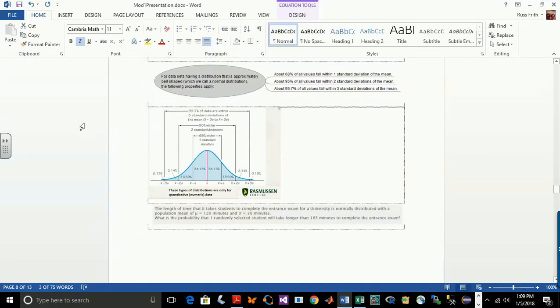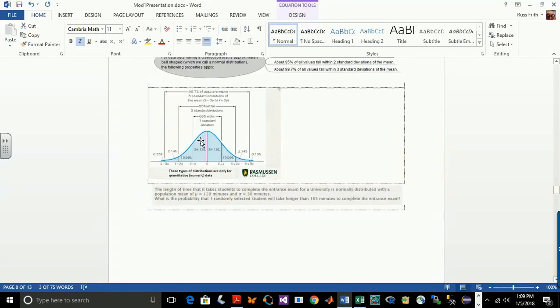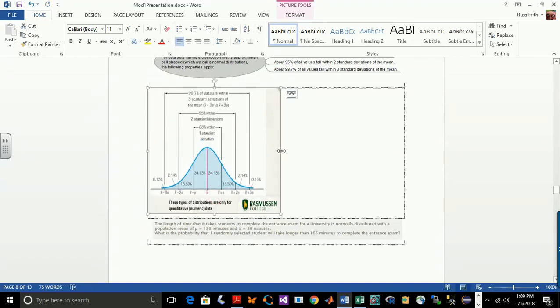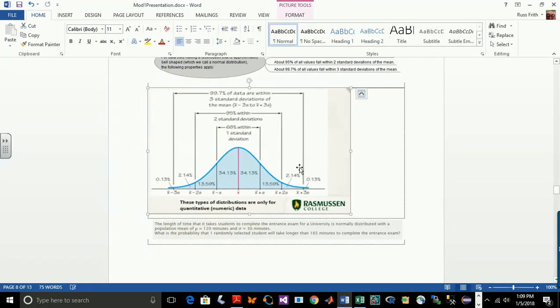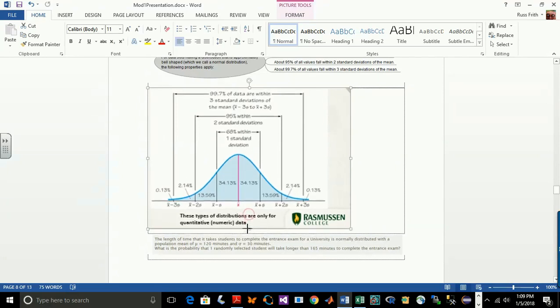Here's a graph that illustrates the distribution of data that is normally distributed. I apologize, the illustration may be a bit small. Let me see if I can expand it to give some better resolution. So the mean is right here, written in the magenta x bar.